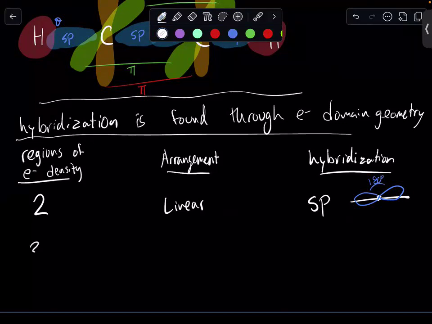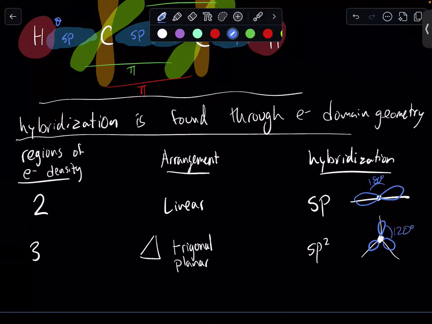Now, if we have three regions of density, that always forms a triangle or trigonal planar. And that's going to be sp2. And we know that we're going to form three bonds. So we've got our main central atom in the middle, and we have our three sp2 orbitals at 120 degrees.